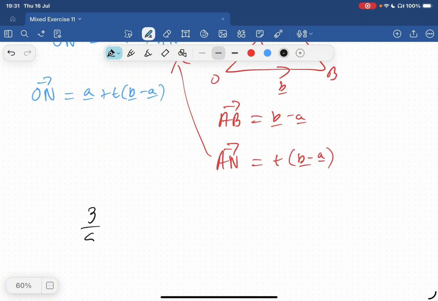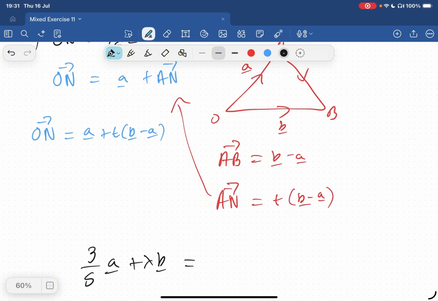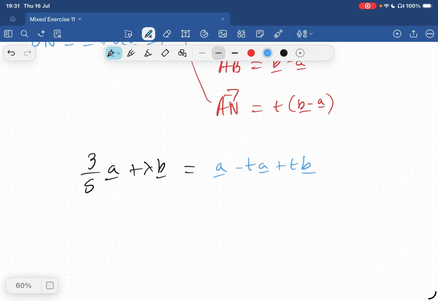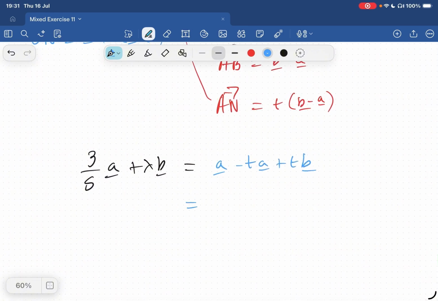So 3/5 A plus lambda B has got to equal, let's put this back in blue, A minus T lots of A plus T lots of B. So another way of saying this is 1 minus T of A plus TB.